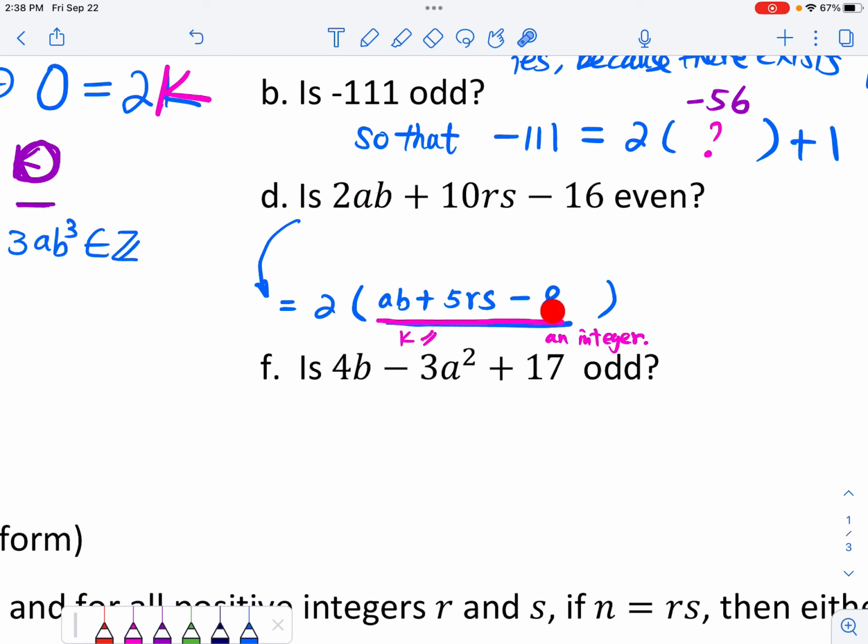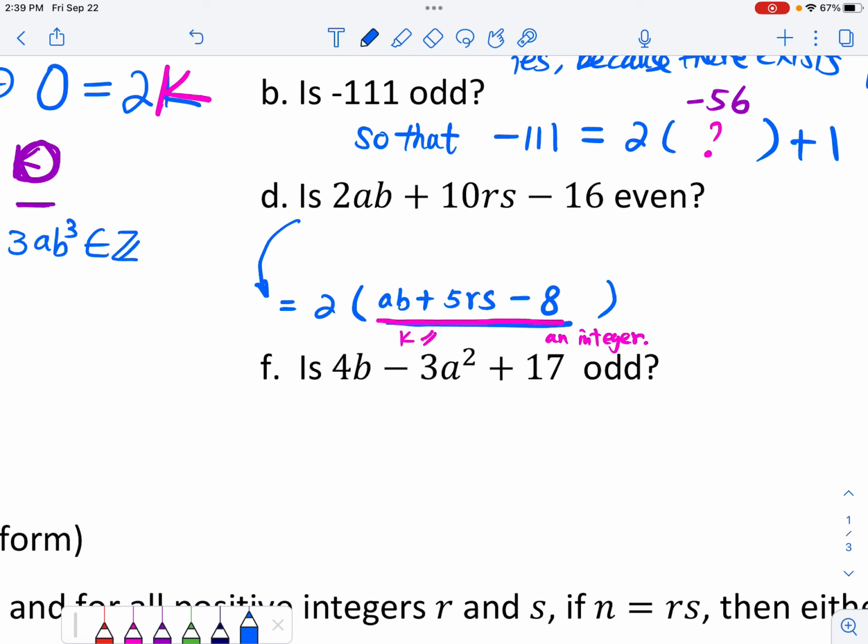How do I know this is an integer? Because a and b are integers. Therefore, the product is an integer. R and S are integers, so 5rs, the product of these three, is an integer. And the sum and difference of integers are integers. So therefore, I know that this has to be an integer. And therefore, when I write this as twice some integer, this automatically proves this whole thing is even.